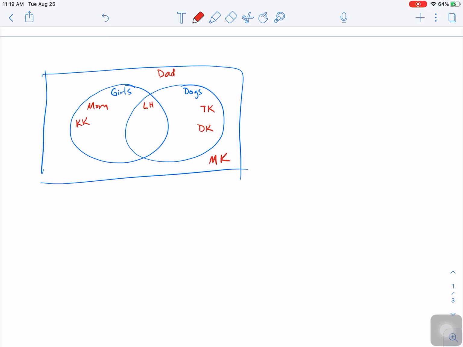If we were going to do this scenario, we could pull in their spouses and kids, but we're just going to work with that. So if I want to say, list the elements of the set where girls intersect not dog, listing the elements means it's going to have mom and me.